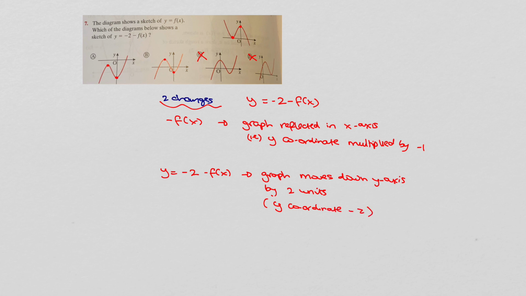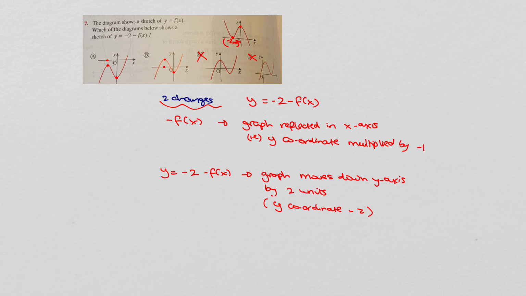So clearly that eliminates B then, because if I was to turn the graph upside down, whatever this point was, say it was -2, 0, then if I was to multiply it by -1, it would still be -2, 0. So in other words, it still would be sitting here on the x-axis.